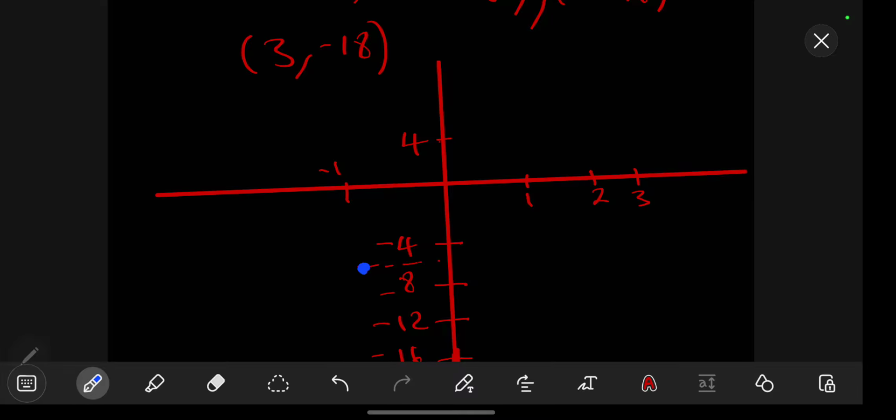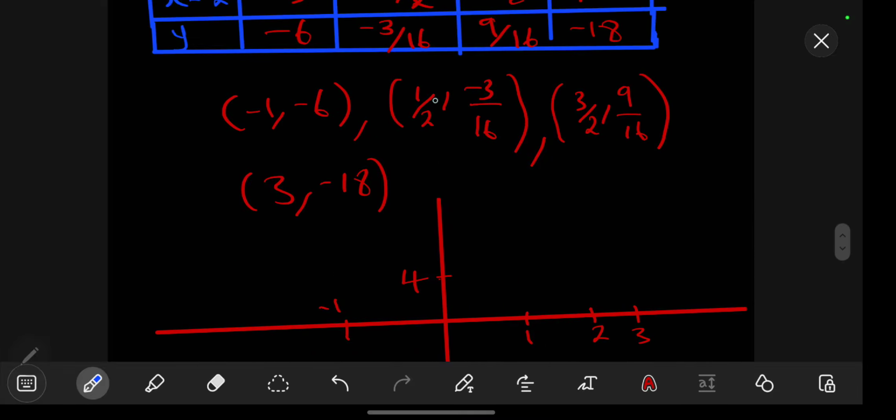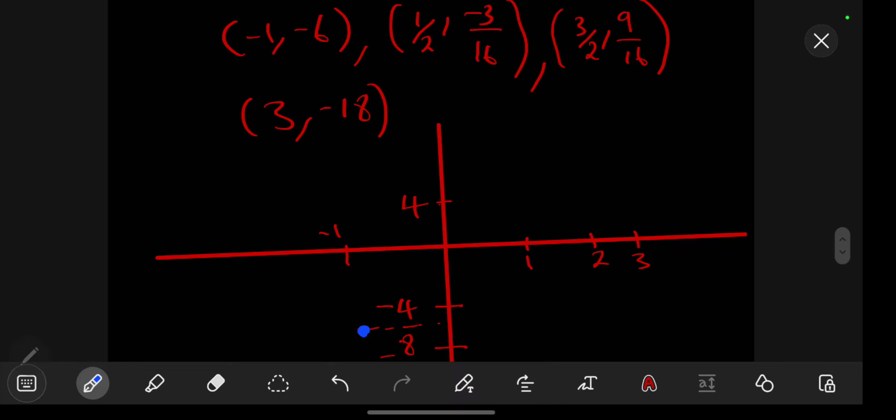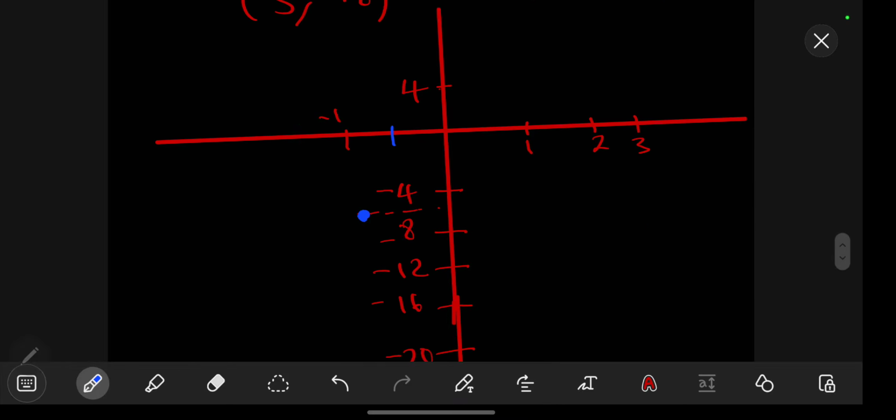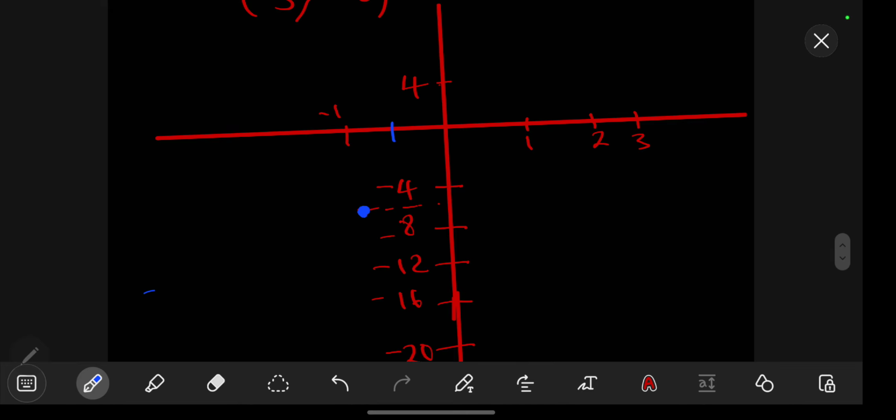Then the other coordinate that we have is 1/2, comma -3/16. Now you need to approximate what is -3/16. So -3/16 is equal to 0 point. You add a 0. 30 divided by 16, that's about 1.